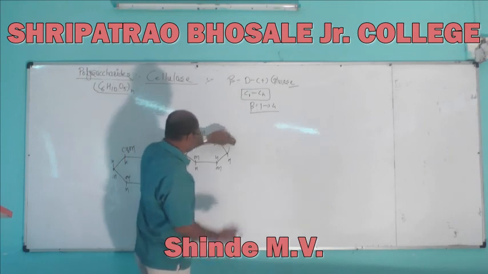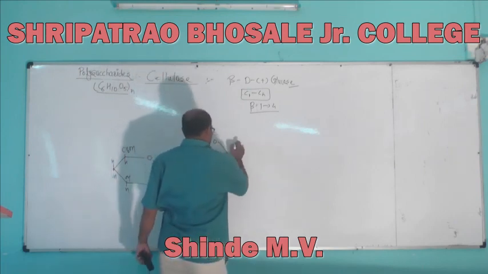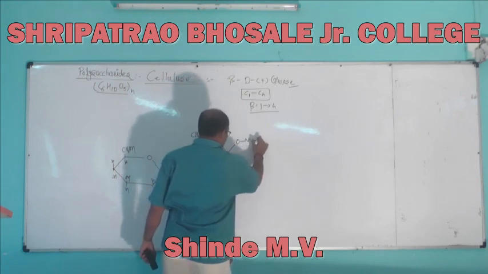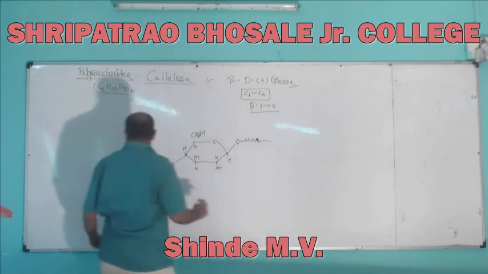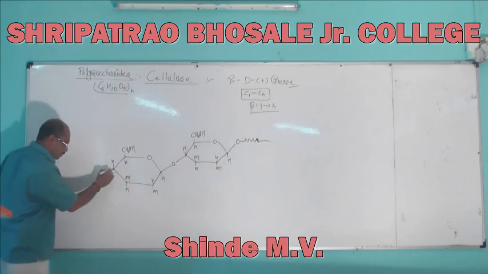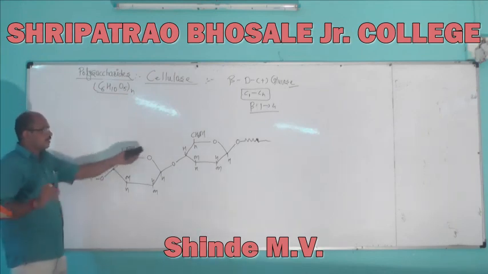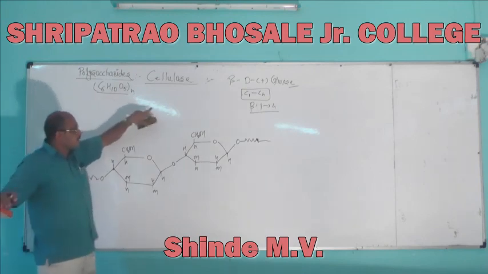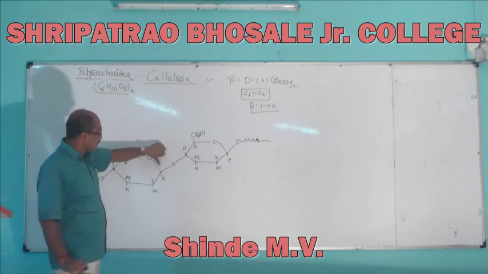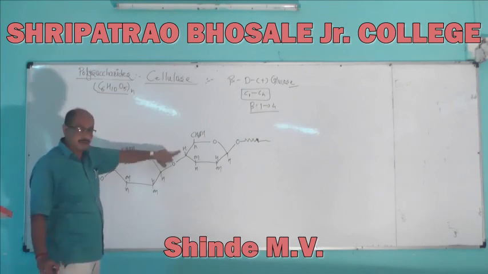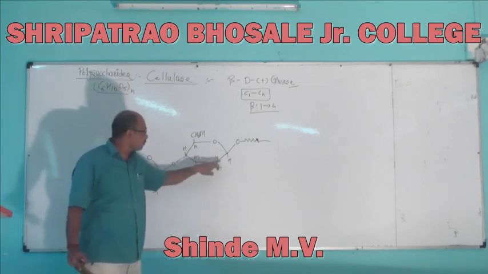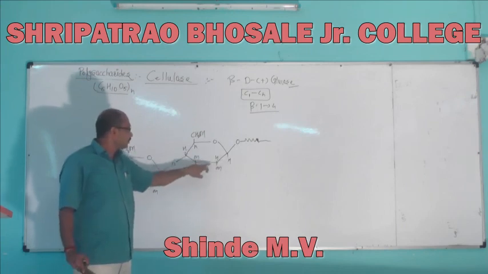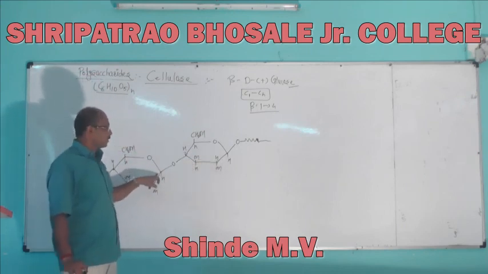This is the type of linkage present in the molecule of cellulose, which has the glycosidic linkage beta 1 to 4. 1, 2, 3, 4.